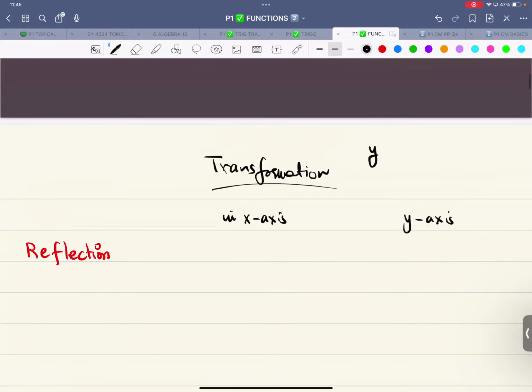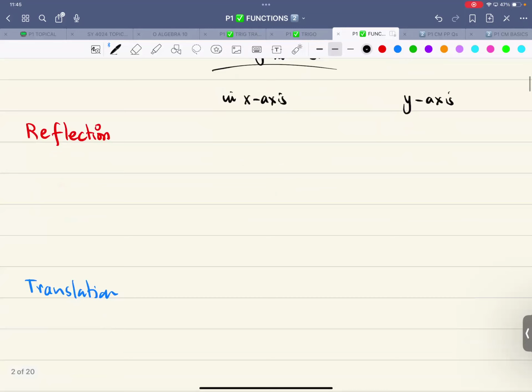In every case, the original equation is y equals f(x). It could be linear, quadratic, cubic, modulus, trig, anything. When we reflect it in the x-axis, y equals negative of f(x). And when we reflect in y-axis, this is y equals f of negative x.